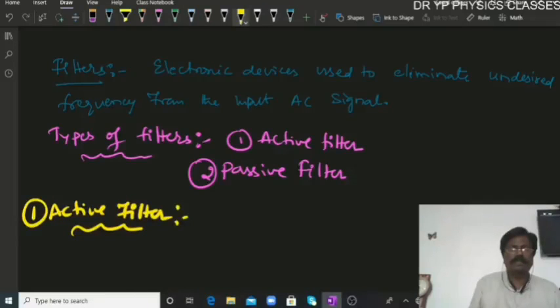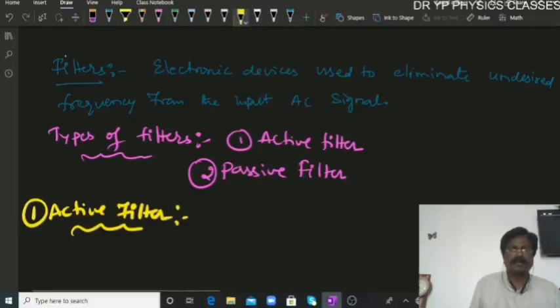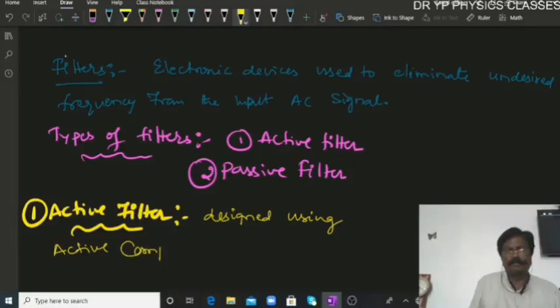Active filter is one which is used or which is designed using active components. What are active components?